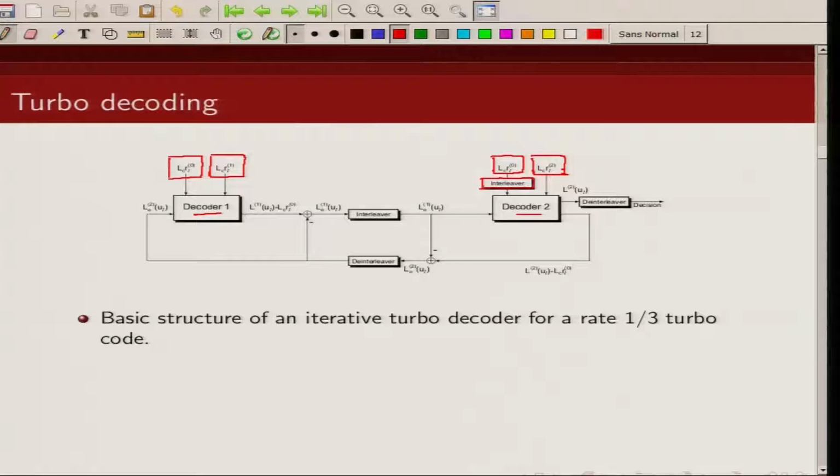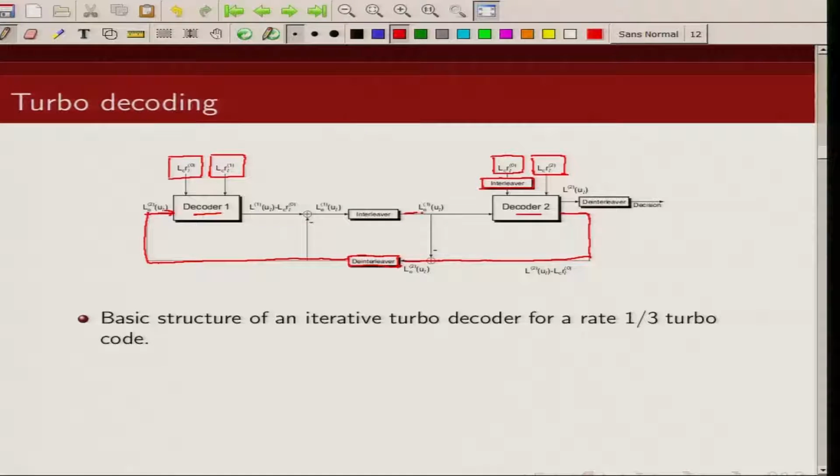I also said there is a third input, which is the a priori value. Note this a priori value is coming from the other decoder, and since the order of information bits here is a de-interleaved version of the order of information bits at the second decoder, you de-interleave it and send this information here.